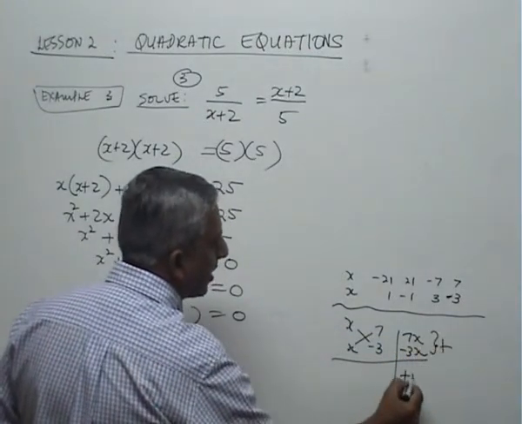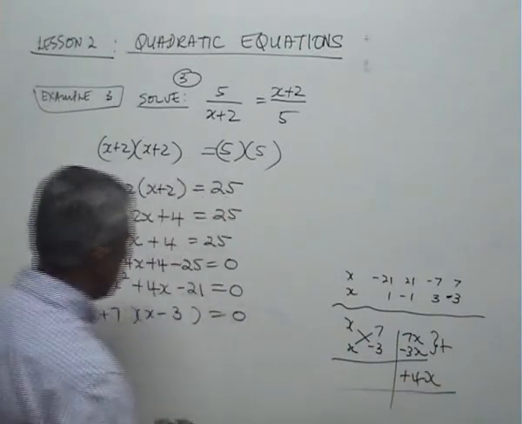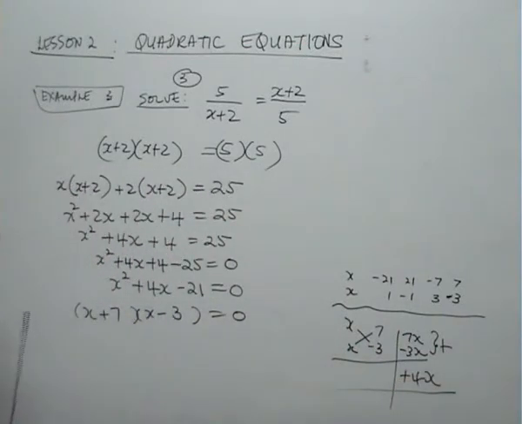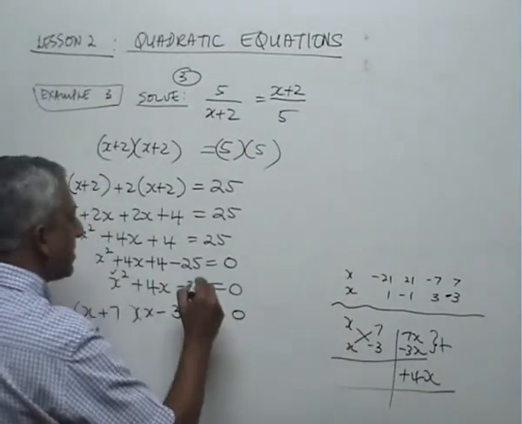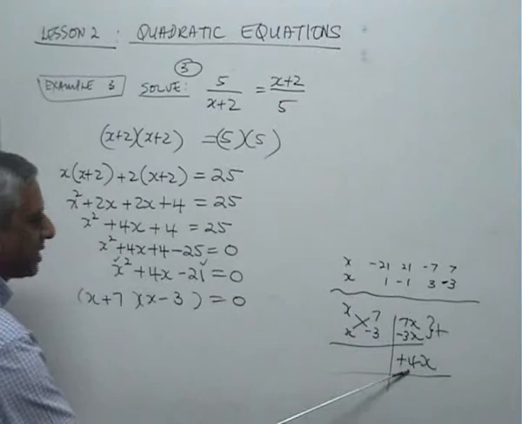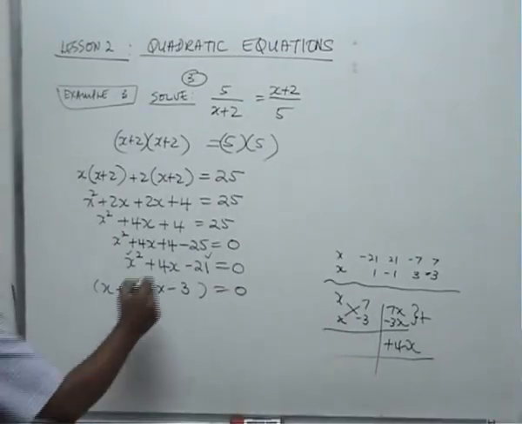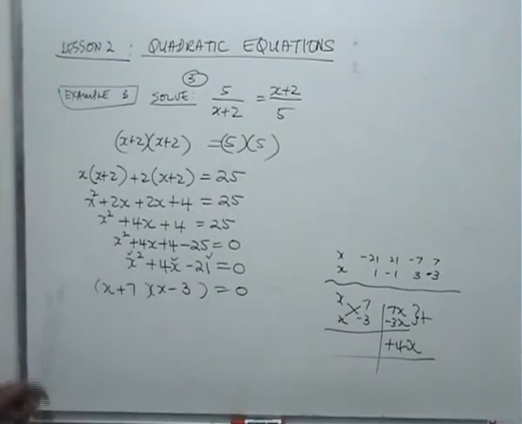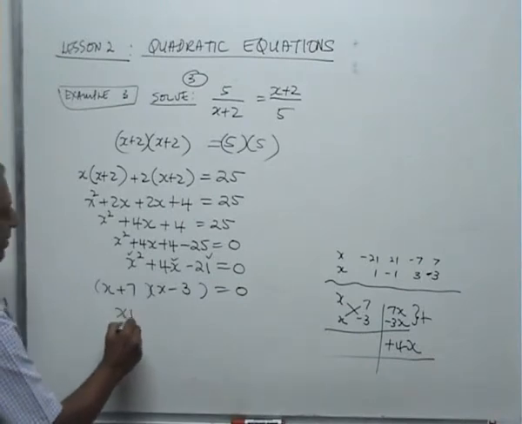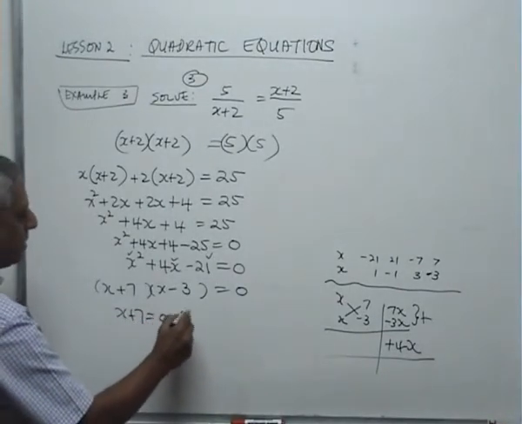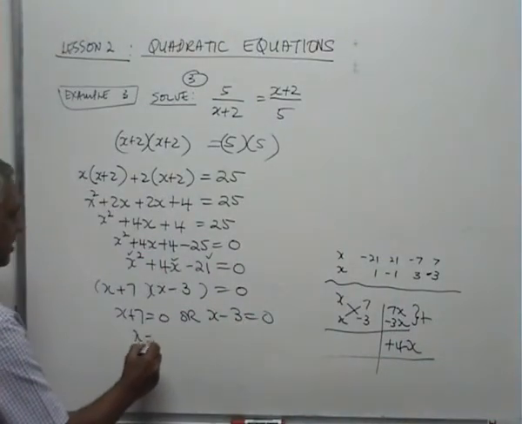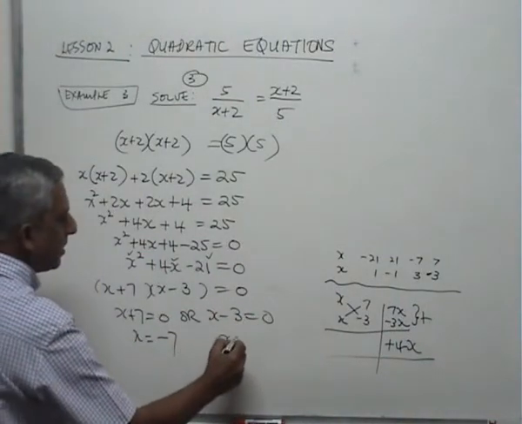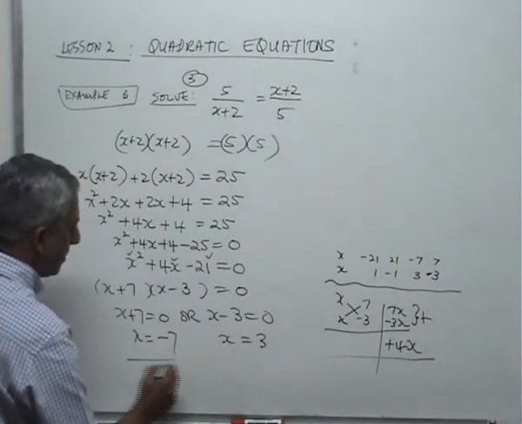Add them up, you get plus 4x. So, x times x, x squared. 7 times minus 3, minus 21. Middle term is plus 4x. So we tested it. And once again, you make each bracket equal to 0. And finally, x is equal to minus 7, or x is equal to 3.